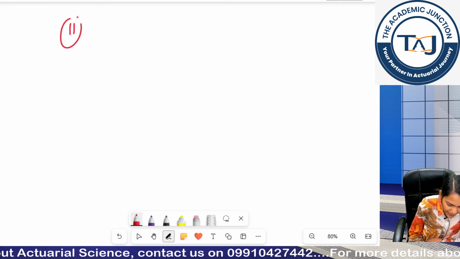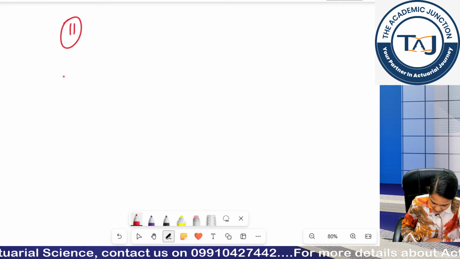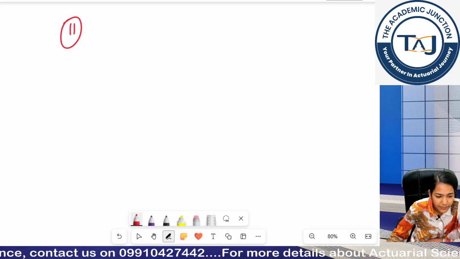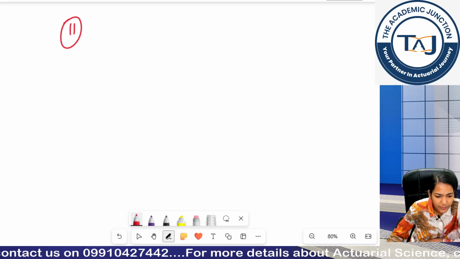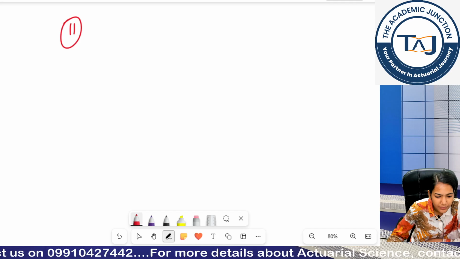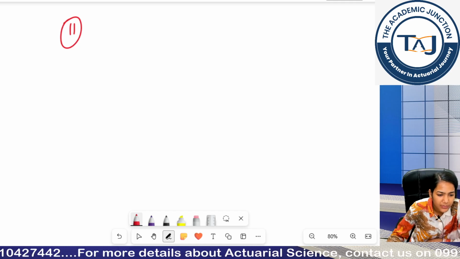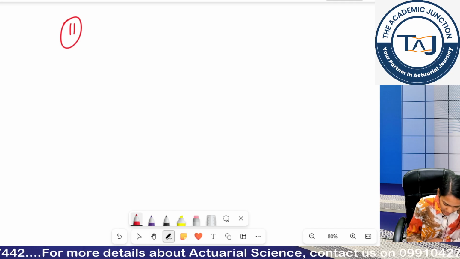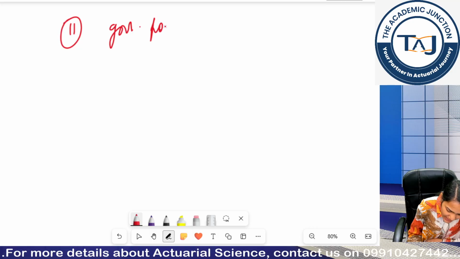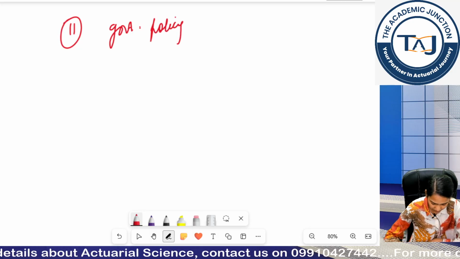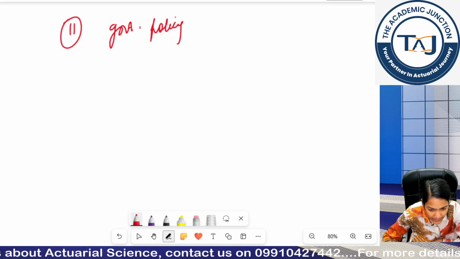Note down the second factor. What can be the second factor of price elasticity of supply? What can be the other factor? Government policy, right? It can be government policy.